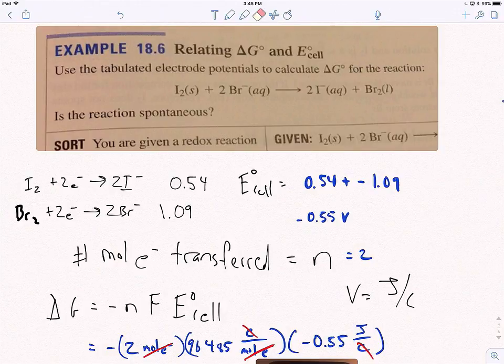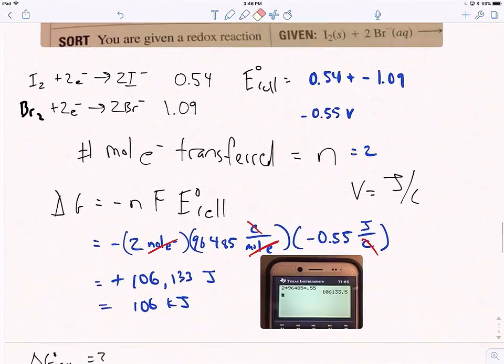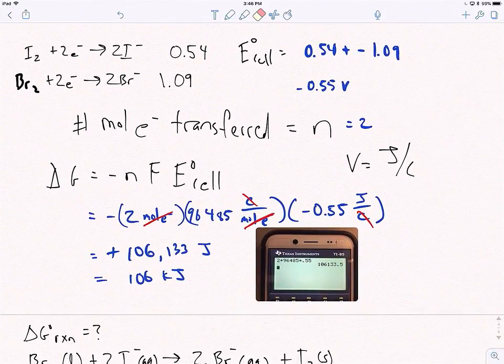Then we can calculate the standard cell potential using that. Then using the relationship delta G is minus N F E0 cell, we've calculated E0 cell, F is a constant, and N is the number of moles of electrons transferred, in this case 2. We throw it in the equation, and we get 106 kilojoules. Does anybody have any questions with this?